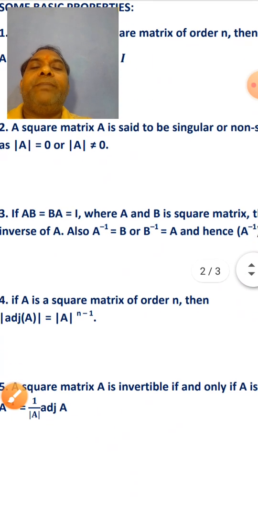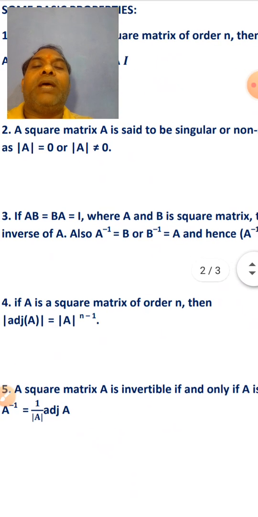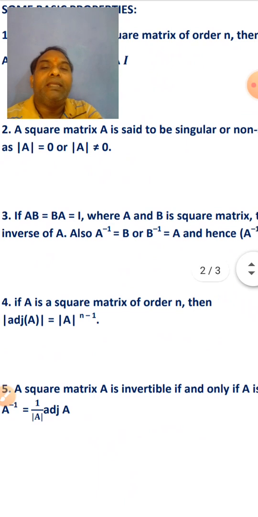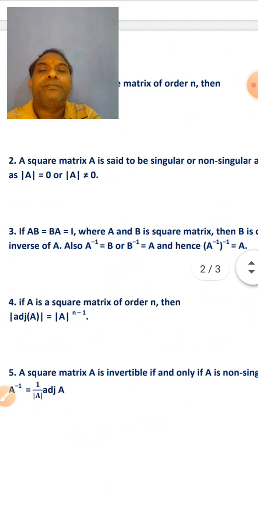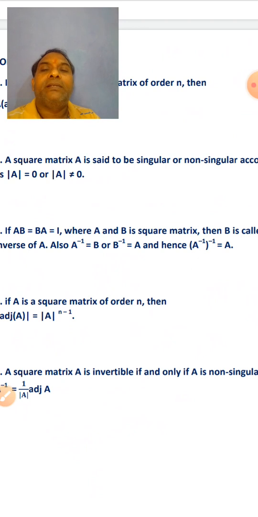Now the third point: if AB is equal to BA is equal to I, where A and B are square matrices, then B is called the inverse of A. Also A inverse is equal to B and B inverse is equal to A. Clear?